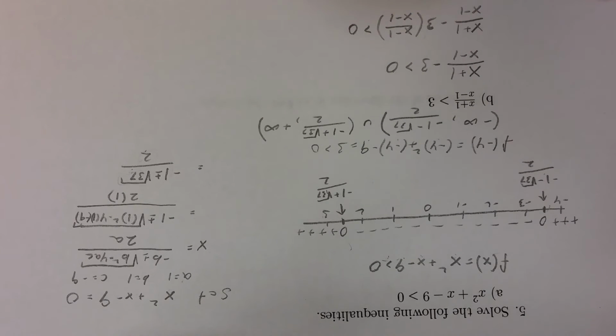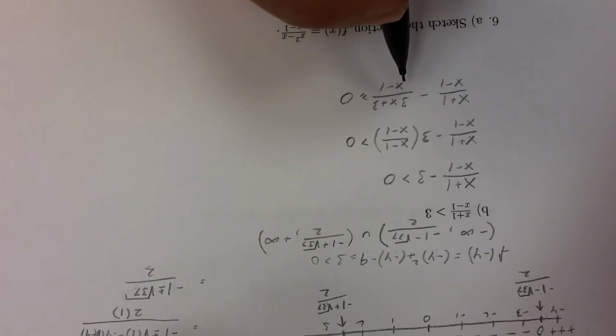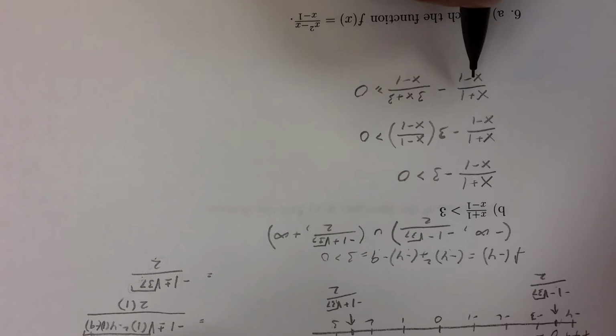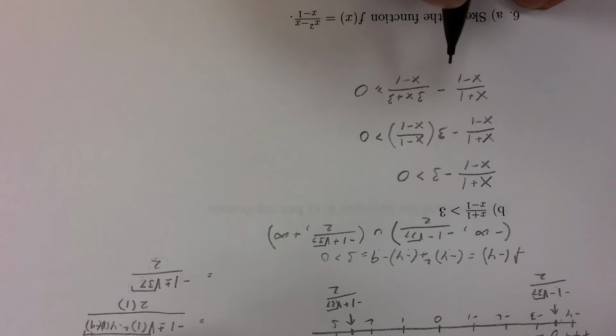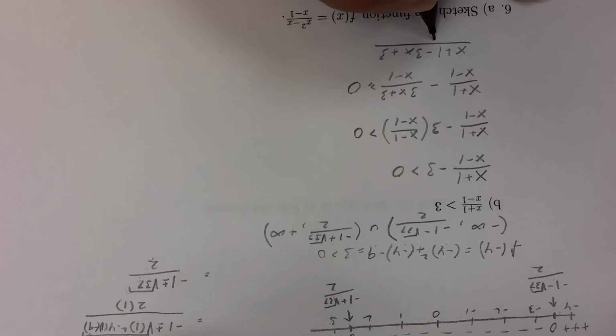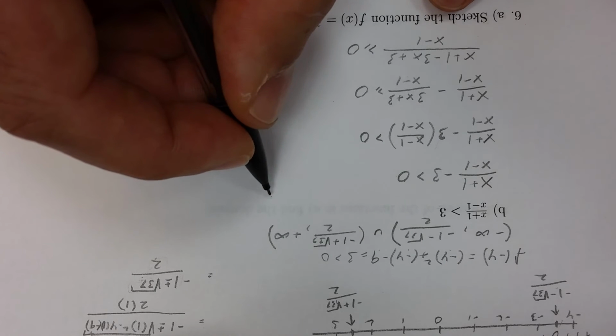And now I have two fractions over the same denominator, so I can go ahead and subtract them. So x plus 1 minus 3x plus 3 all over x minus 1 is greater than 0.